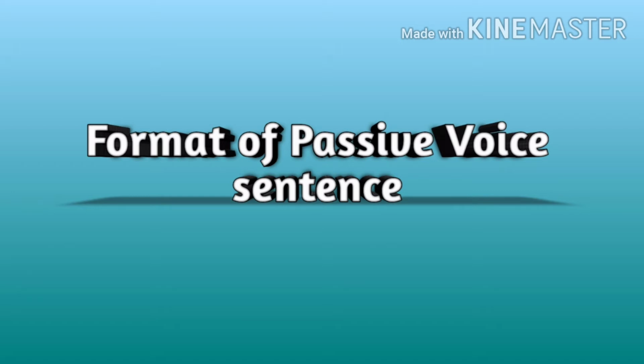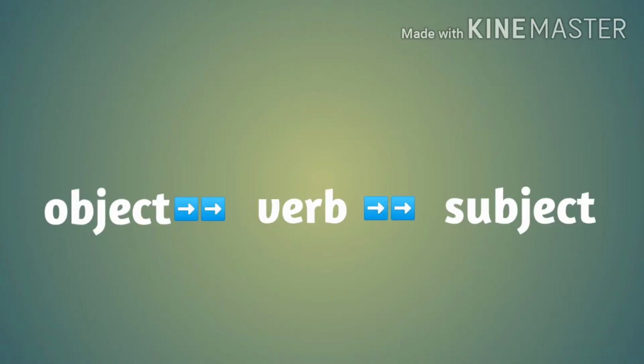In the passive voice, the object is given more importance and hence it takes the first place. The verb remains in its place and the subject is given a place behind. Or in other words, we can say that the subject is now passive.